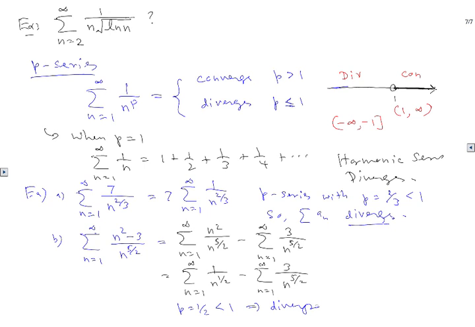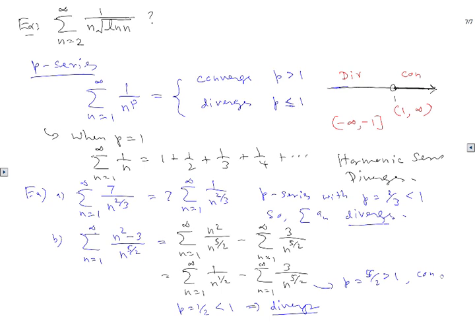So this one diverges. But what about the other one? For this one, p equals 5/2, which is greater than 1, so it converges. If one diverges and the other converges, the whole series diverges. If both diverge, we don't know, it can be anything. If both converge, they converge.